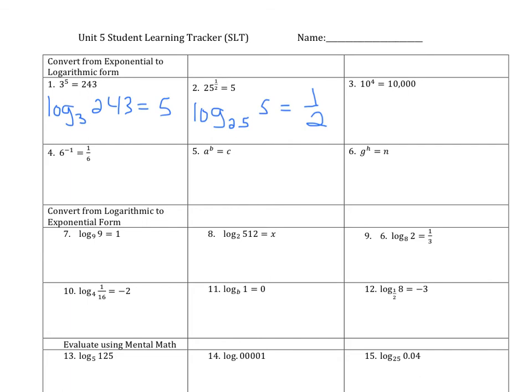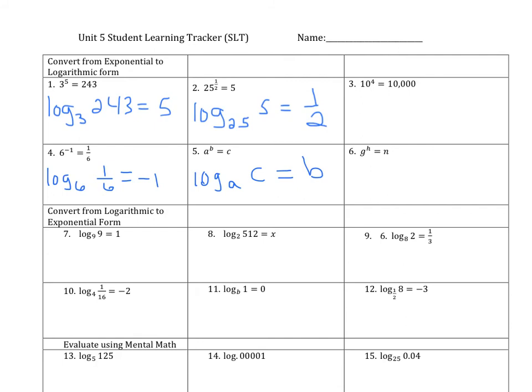For number 4, we have log, the base is 6, the value is 1/6, and our exponent is -1. And for 5, we have the log, our base is a, our value is c, and our exponent is b. For homework tonight, go ahead and do number 3 and number 6 and bring those into class.